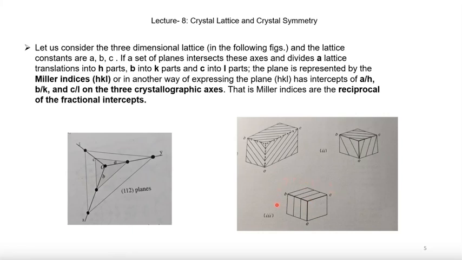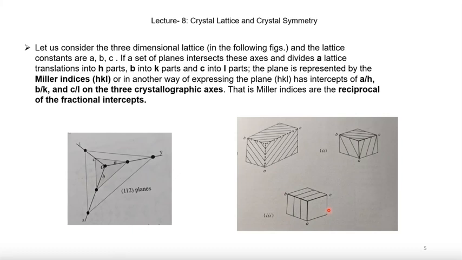That is the way we identify the plane. There is no cut in the A direction, so it is 0. There is no cut in C, so it is 0. And there are 3 cuts in B, so it is 3. So these are 0, 3, 0 planes.